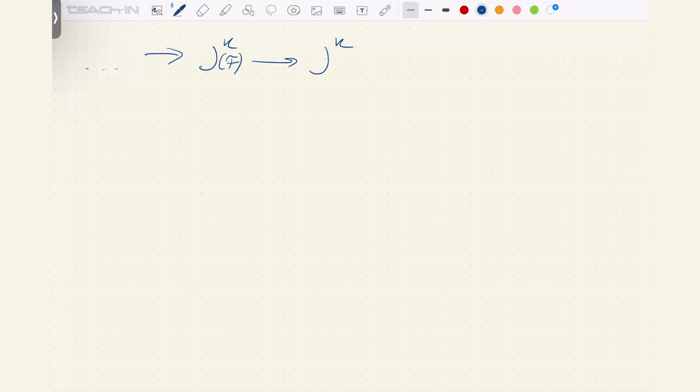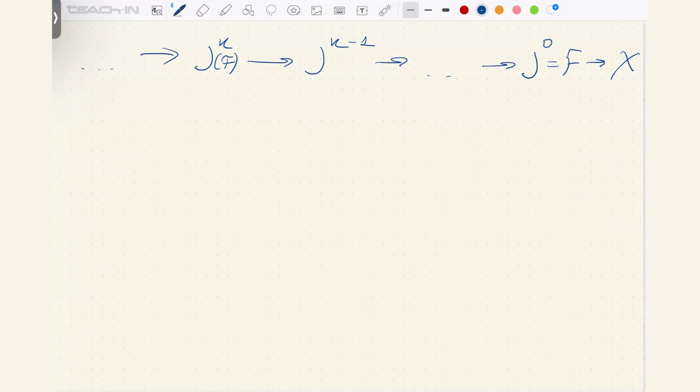It's clear that there is one underlying bundle, j^(k-1), etc. Finally, we hit j^0, which is just f, and then there is a projection to x, right? So there is such a chain of projections, and a useful object is to define an infinite jet bundle.